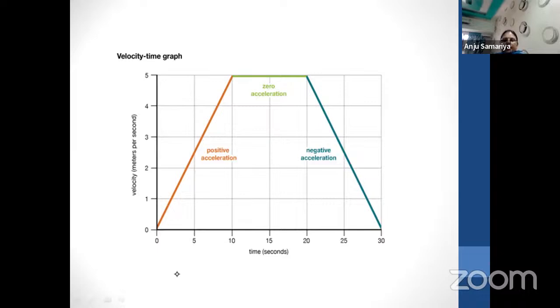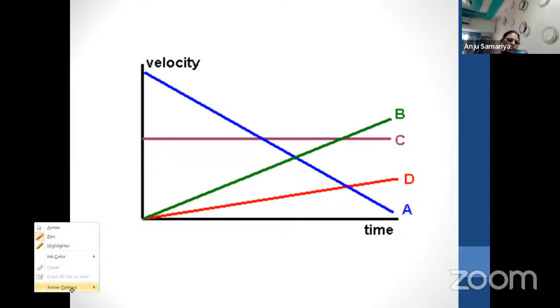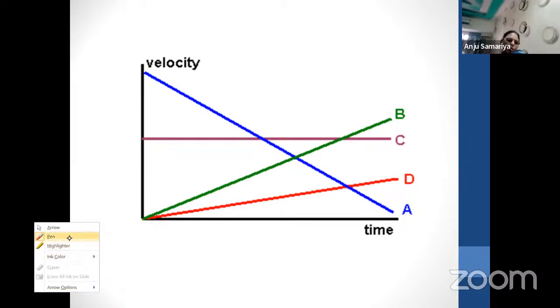So now this you can do, right? What is this blue graph telling? Retardation. What is this green graph telling? Uniform speed? How did it become uniform speed? It is a velocity time graph.